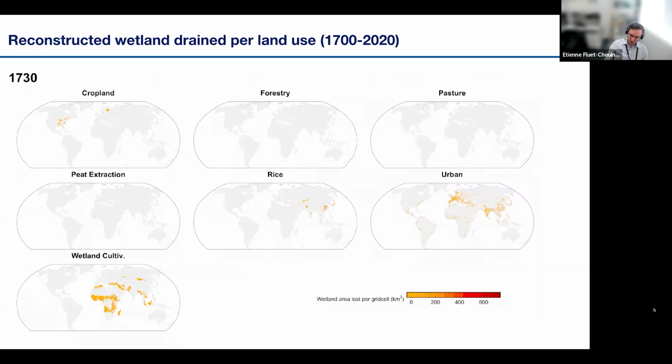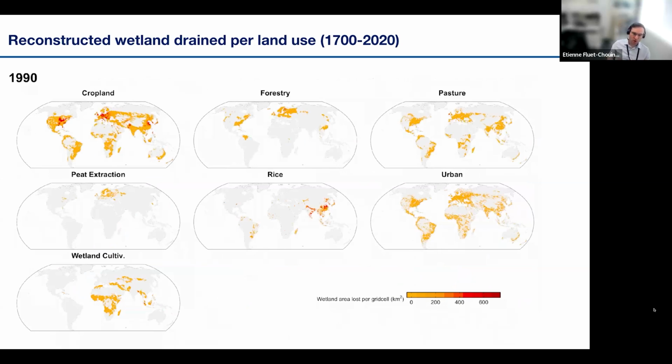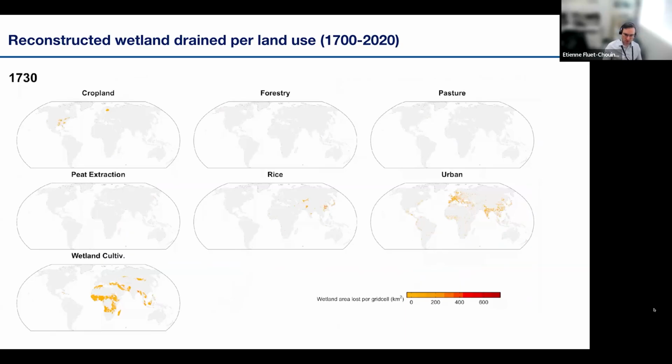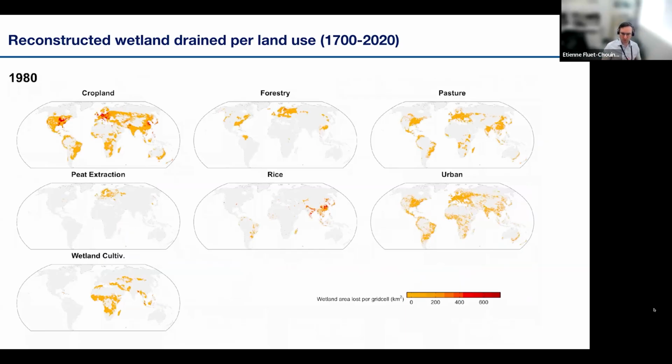And so we have these 7 drivers, and we can map them because there are already existing historical land use maps. And so basically what I'm showing here is the expansion of wetland conversion per land use. You'll notice a few things. Of course, it grows over time. Some of the drivers that were modeled generally don't start out at 0, since they're modeled as a fraction of the overall land use.